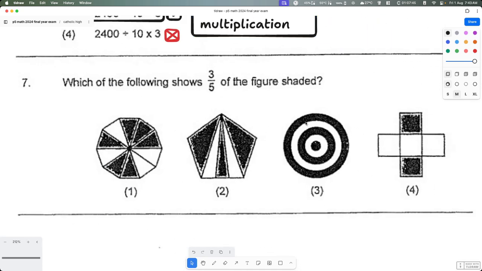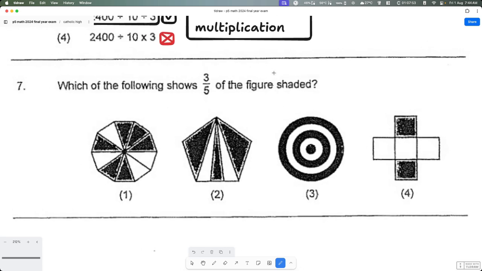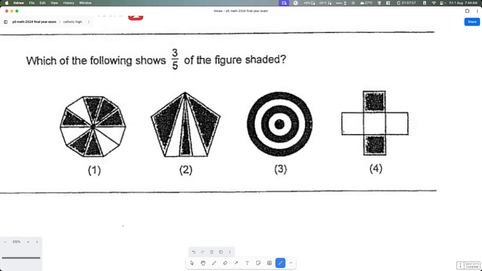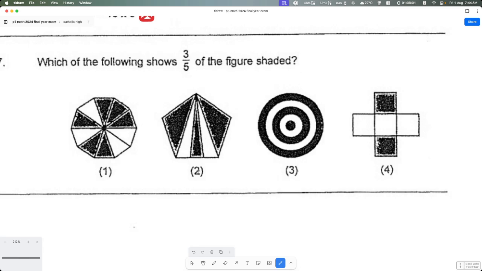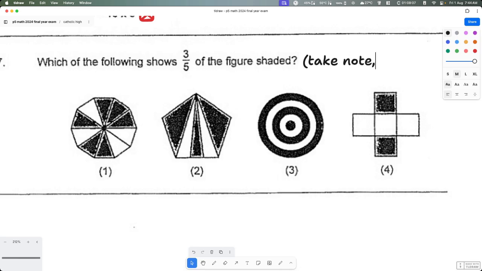Question number 7. Okay, so which of the following shows 3/5 of the figure shaded? Okay, 3/5. So let's go through each individual one. So first thing you need to take note is it must be equal parts.